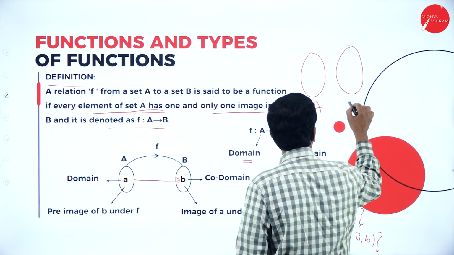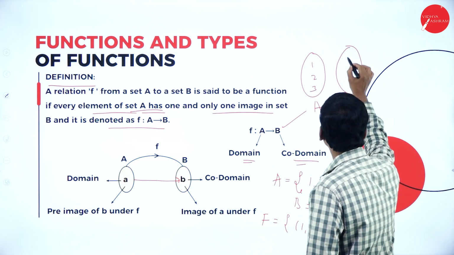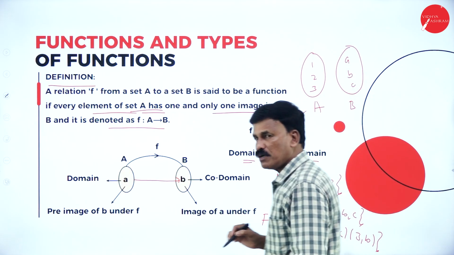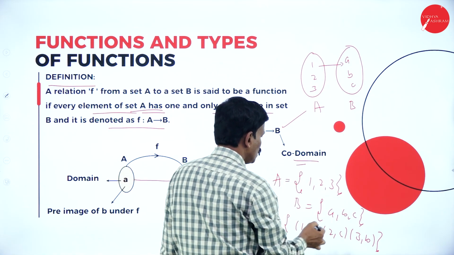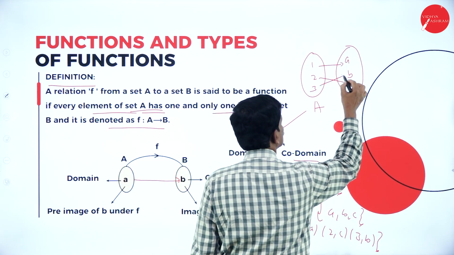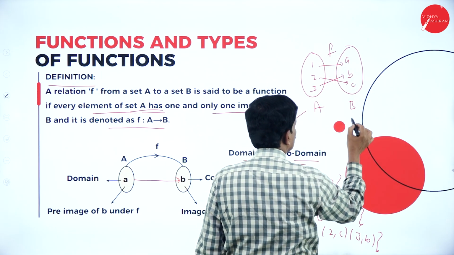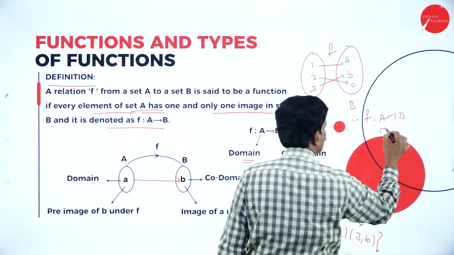This is A and B. A contains 1, 2 and 3. B contains a, b, c. What is the mapping given? 1 to a, 2 to c, and again 3 to b. Therefore, F from A to B is a function.